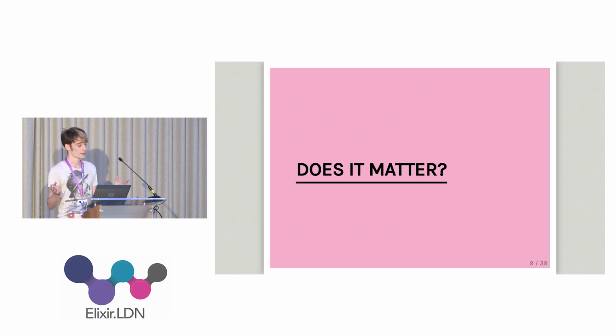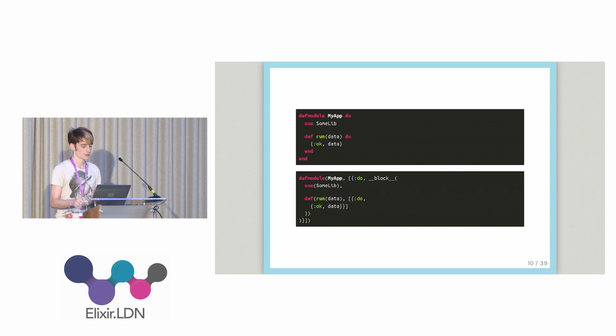Does it matter? Does code style make any difference whatsoever? So here I've got 2 similar pieces of code written in what I think to be quite different ways. The first makes use of as much syntactic sugar as possible, and the second one does not. On the second one, instead of using a do end block, we've just got a keyword list, unsugared of course, that has a key do that has the body of the block inside it.